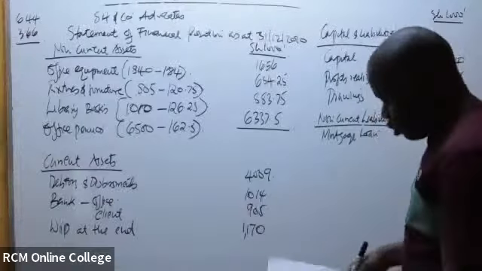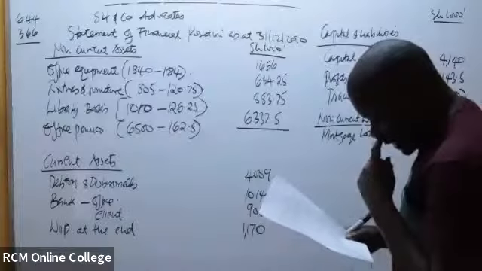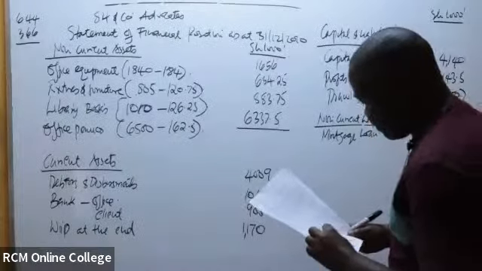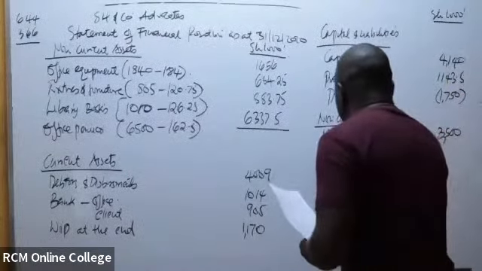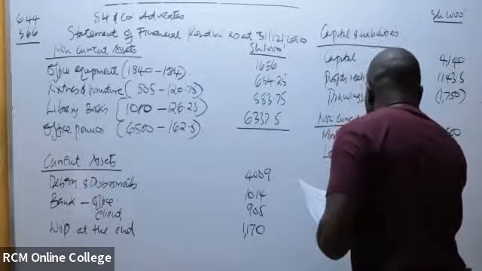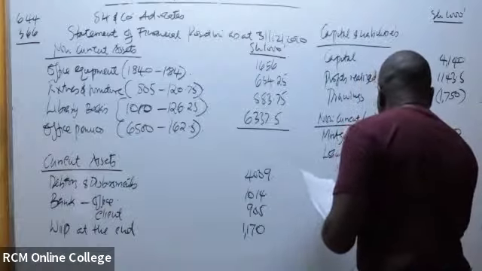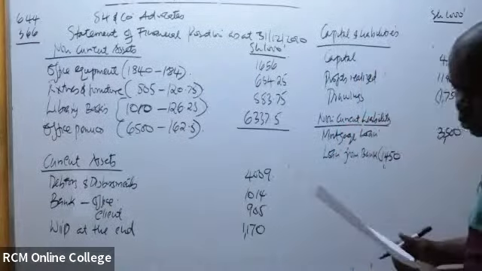Then we have the loan. If you look at the trial balance, the last item there, you can see a loan from the bank. It is an amount of 1450. But Irene, this loan was actually repaid.